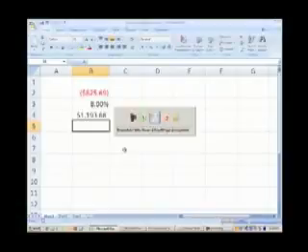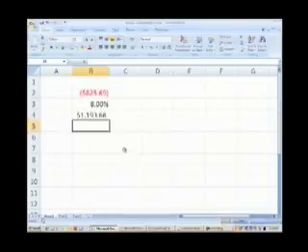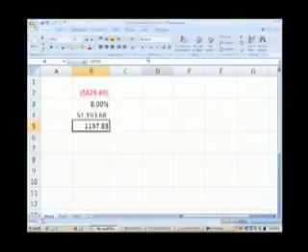Now the bond was worth $1197.93. What we've actually done is gone from $1197.93 down to $1193.86. So that's a capital loss.